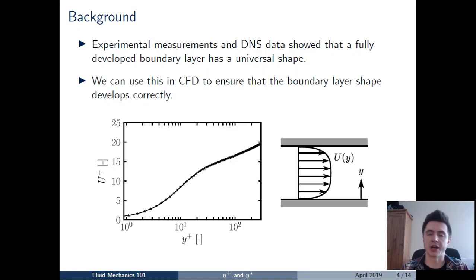For these experimental measurements, it's worth noting that they were carried out by getting a fully developed flow through two infinite parallel plates, as you can see in the small diagram, developing a parabolic shaped profile, and then measuring the velocity at various distances off the wall, and then scaling the velocity and the wall distance based on the dimensionless quantities, which you can see there.